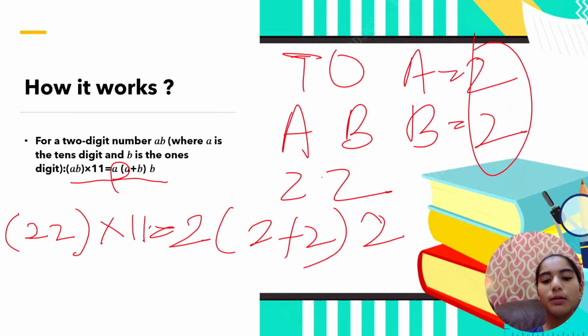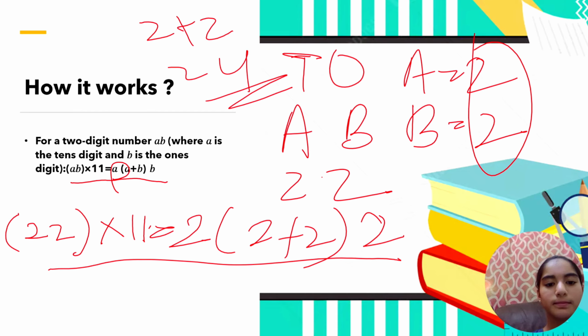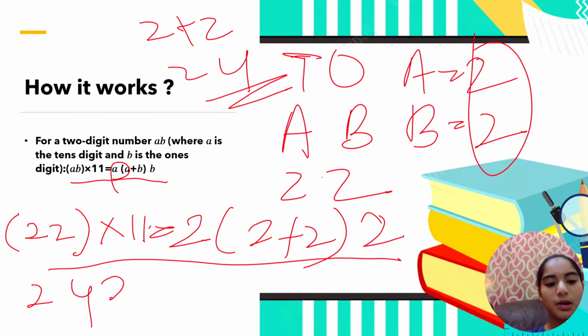So now this just means what's 22 times 11. Think for the answer. Okay, so first we add 2 plus 2, which is equal to 4, and now we place the 4 in between the 2s. 242 will be the answer.